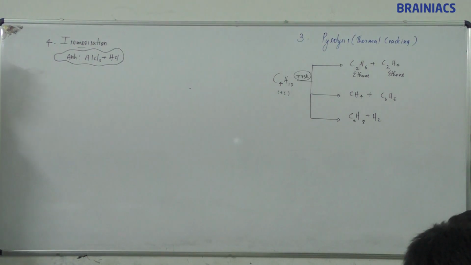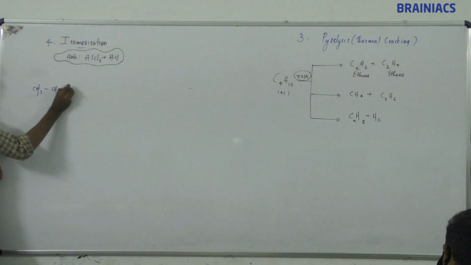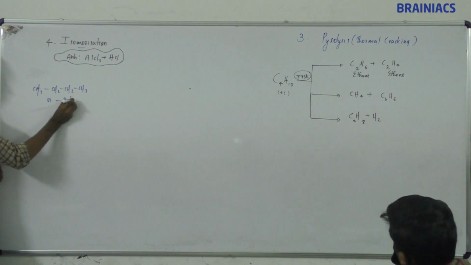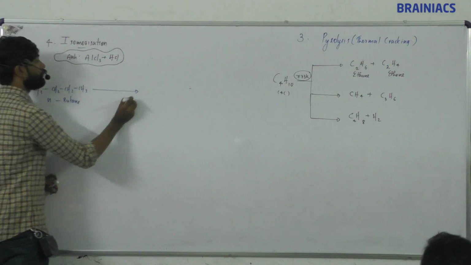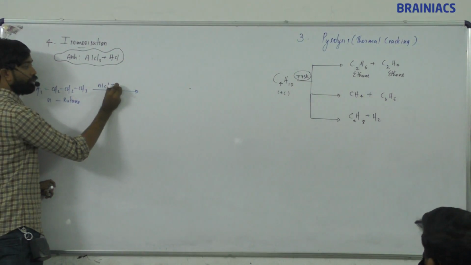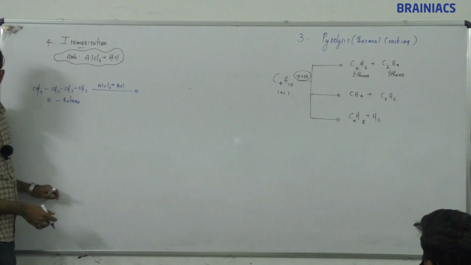Which one is the isomerizing agent? AlCl3. It isomerizes an alkane into another alkane.